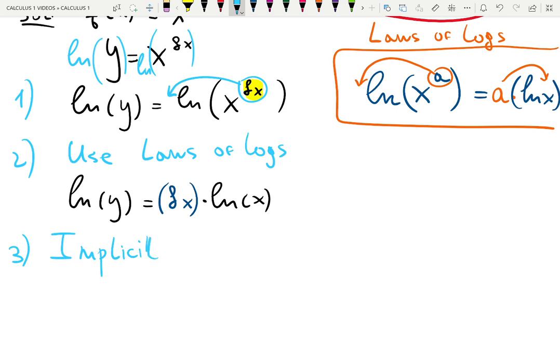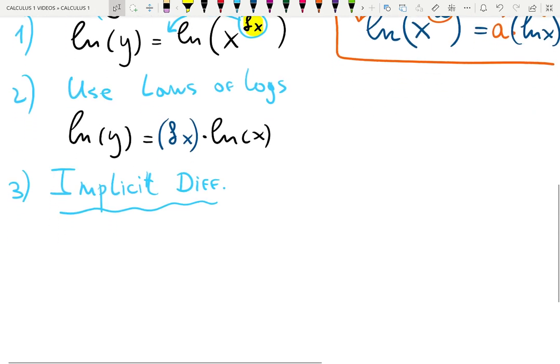Implicit differentiation, because the function y is not given explicitly. Differentiating the left-hand side gives me 1 over y, because log of y gives you 1 over y. But don't forget to use the chain rule, times the derivative of y with respect to x, equals... And now we need to use the product rule.